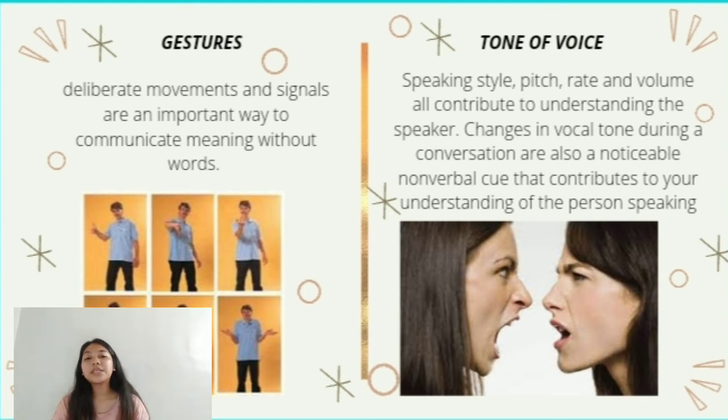So when we do this kind of gesture, we can tell that the meaning is okay or perfect. And sometimes other people also consider that as money. So there are different kinds of gestures that we need to know in order to understand what information is being conveyed.